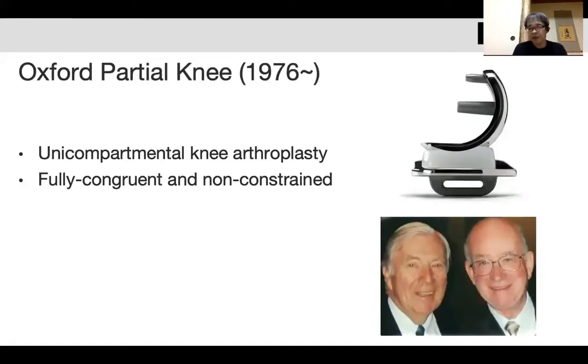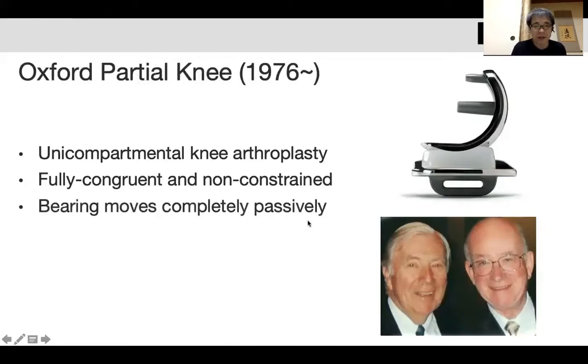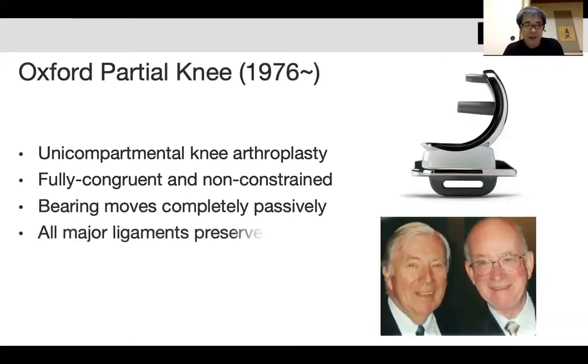In extension and flexion, the meniscus can change its thickness, width and location. But this bearing never changes its shape, yet it can follow the shape of the femoral component. It is really innovative and surprising.